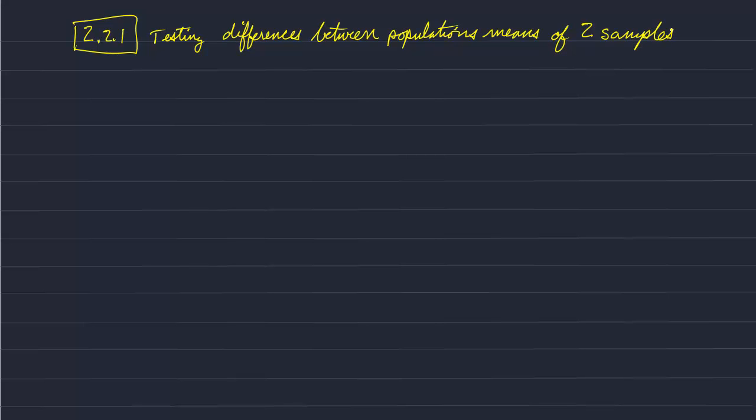So say we take two samples and we want to know whether they come from the same population. Okay, so we have two samples and we determine the mean from our first sample, and we determine the mean from our second sample.